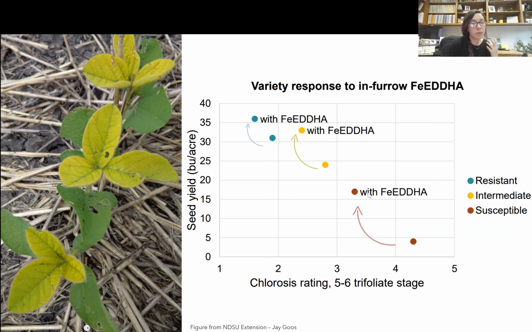When you applied iron chelates, it's these points that say with iron chelates, of course you have a bump in the yield. You see that these arrows are always going up. But the thing is that when you're working with a resistant variety, this bump in the yield is way lower than the one that you have when you're working with a susceptible variety.